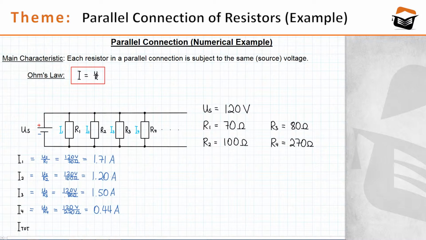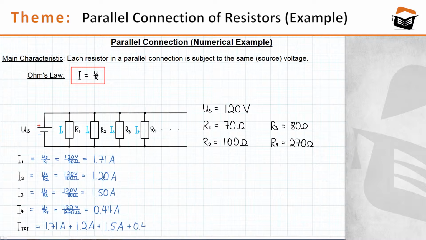And as you can remember from the previous video, computing the total current from the individual currents requires us to add them up. 1.71 amps plus 1.2 plus 1.5. You better put the unit behind each number because you need to stay physically consistent.